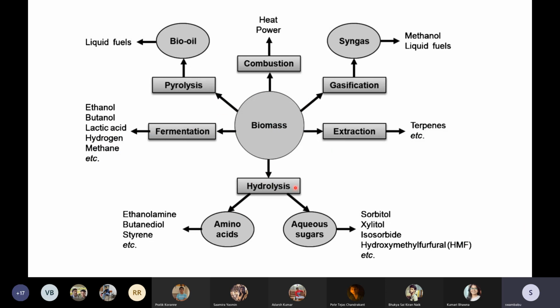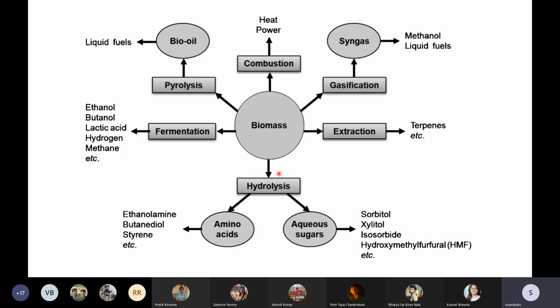Next one is hydrolysis. Hydrolysis means reacting the biomass with sulfuric acid or hydrochloric acid, HCl. Hydrolysis means carrying out these reactions in the presence of concentrated acid to break the bonds.